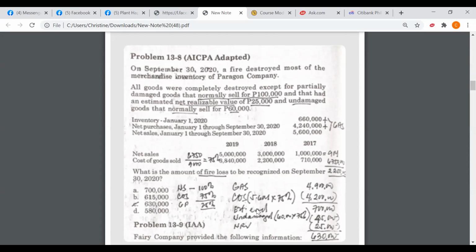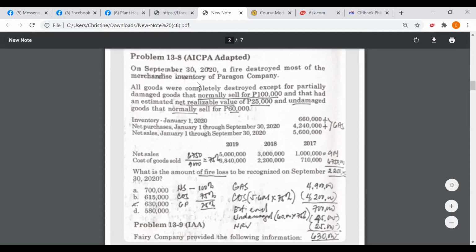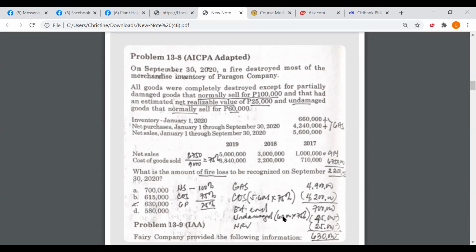That makes your estimated ending of 700,000. Less now your recovered and damaged of 60, but this is at sales price, so convert this using the 75% cost rate. That makes only the 45. Then your NRV for the 100,000 is deducted. So your total loss to be recognized is only 630,000.